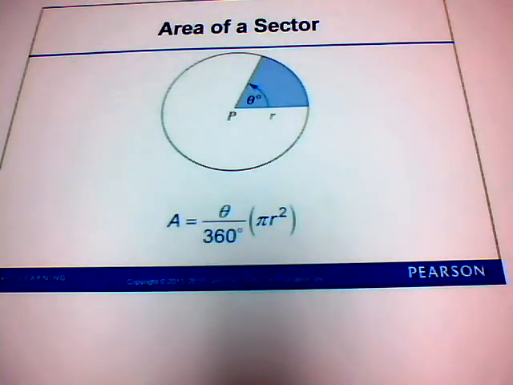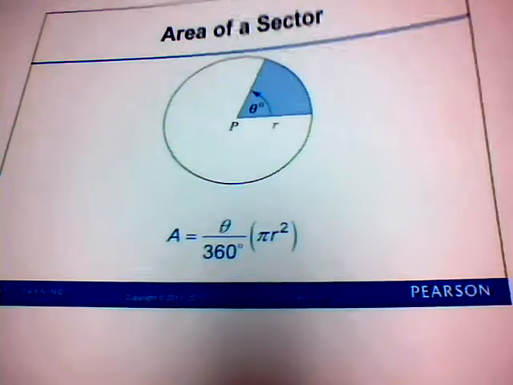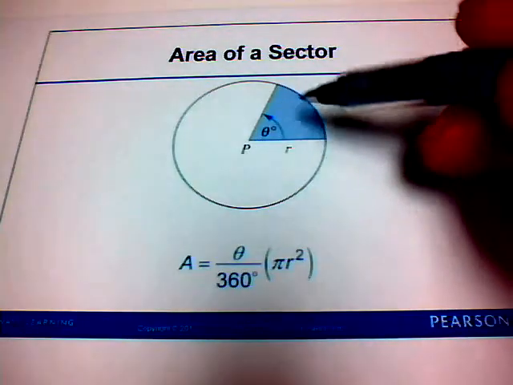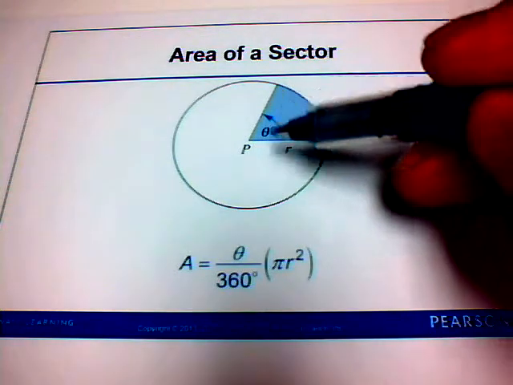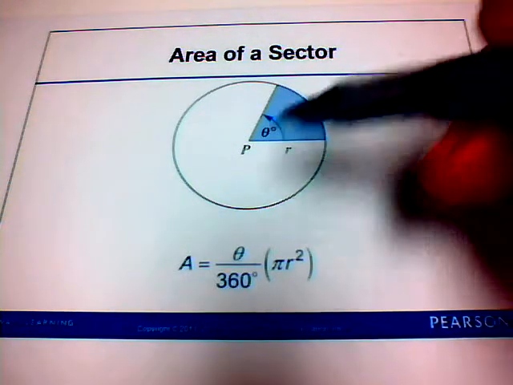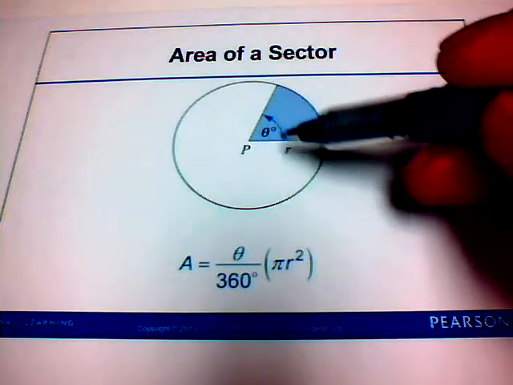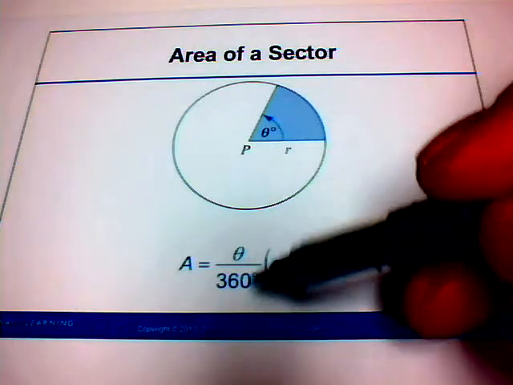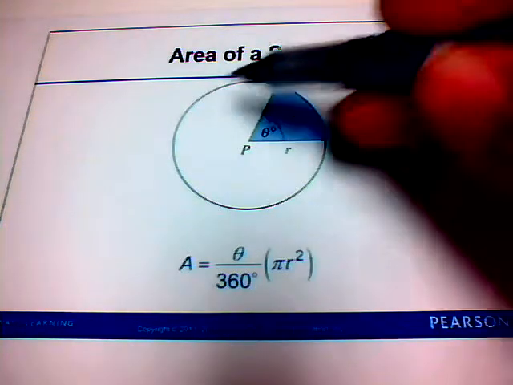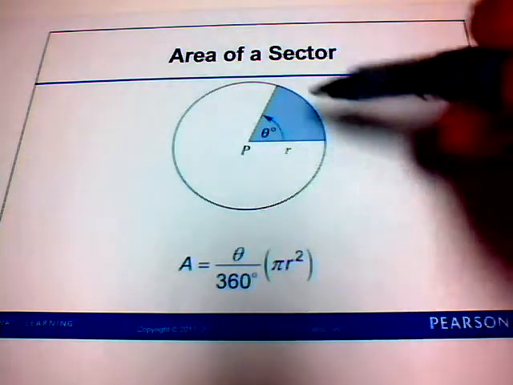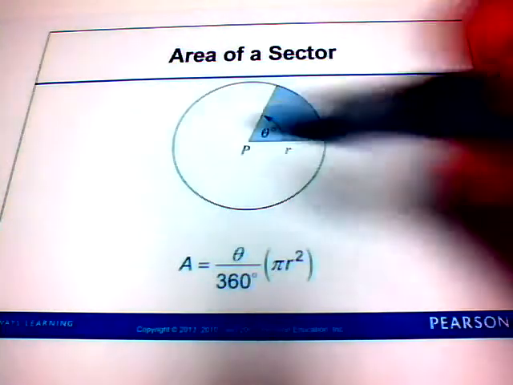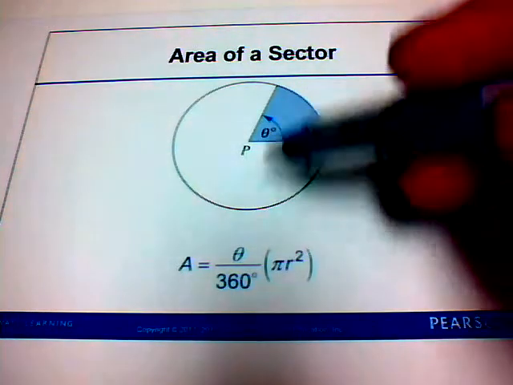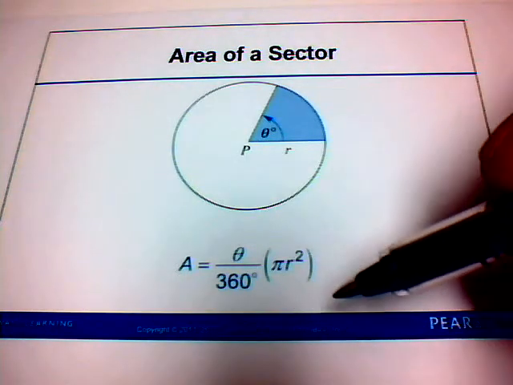Okay, last is the area of a sector. A sector is nothing but a piece of the circle, and it's this shaded area here. That's going to be the angle measure, which is called theta, divided by 360 degrees, because the measure of the entire circle is 360 degrees, multiplied by pi r squared, because we're taking a portion of the entire area of the circle.